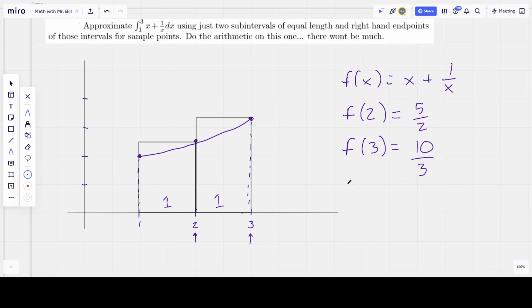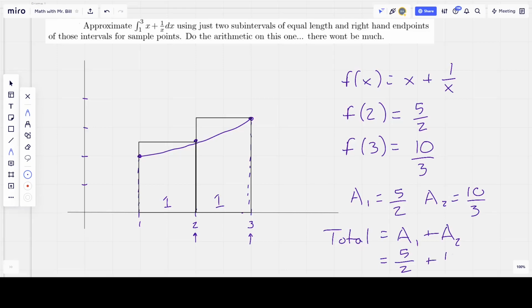So then the area of each rectangle happens to be just the height because the width of the rectangle is 1. So the area of the first rectangle is equal to 5/2, and the area of the second rectangle is equal to 10/3. So then the total area is just the sum of those two. And so that's going to be equal to 5/2 plus 10/3.